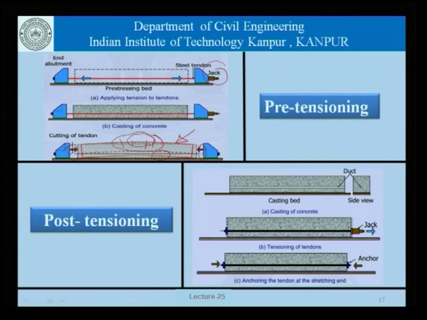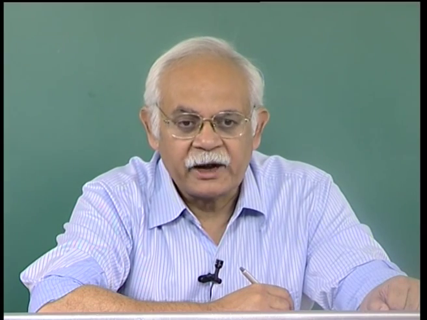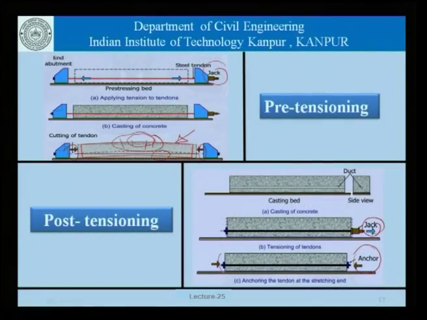Now, if we look at the post tensioning system, we cast the concrete without any steel, then we have a steel tendon which is inserted, and a jack is used to introduce tension in the steel, and the steel is allowed to go back to its original position using anchors.